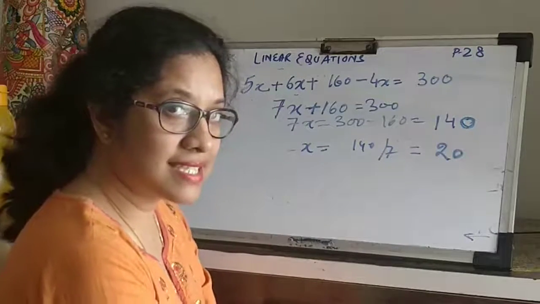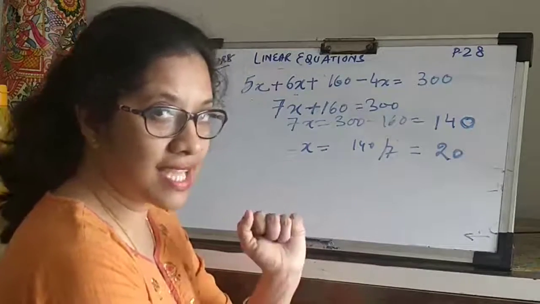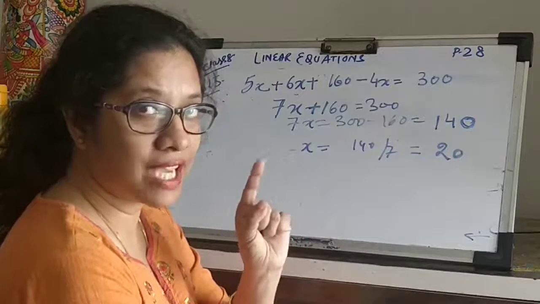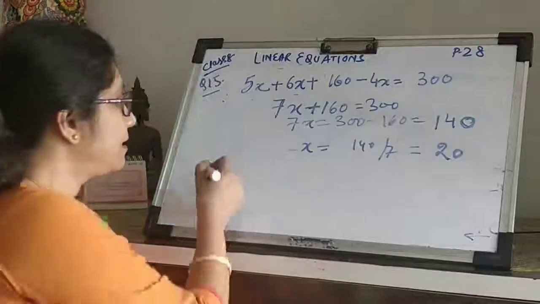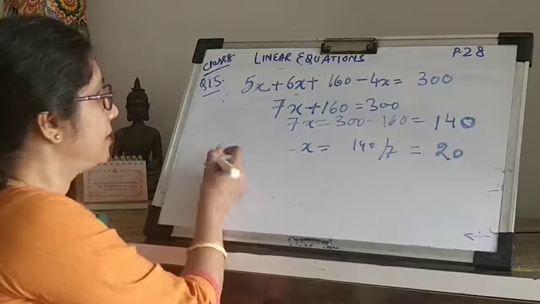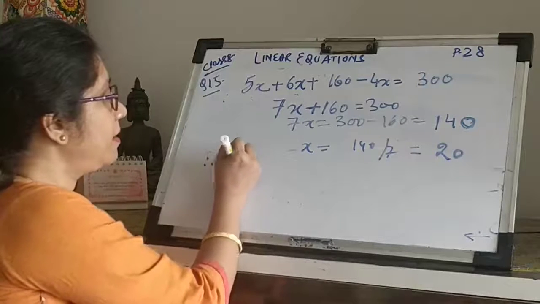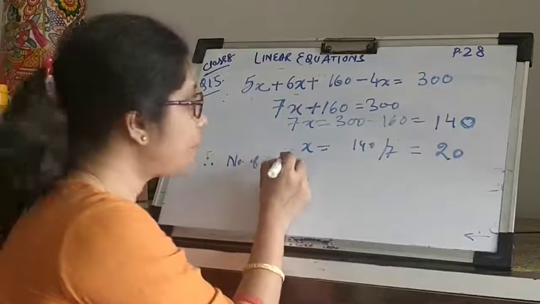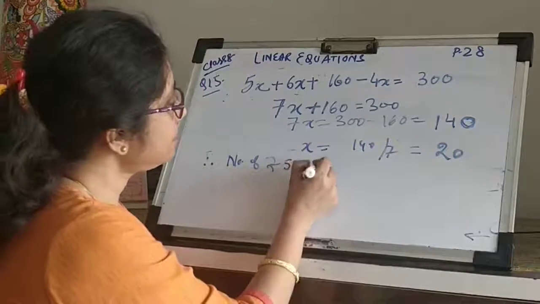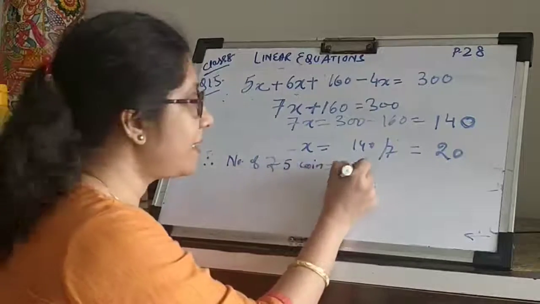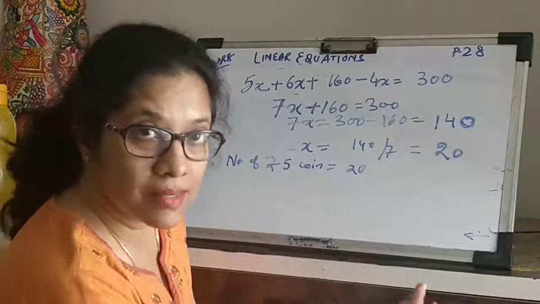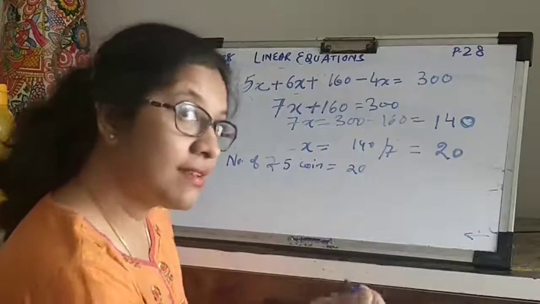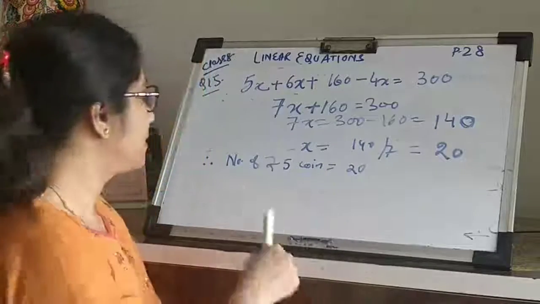What was x? Remember what was x? The total number of 5 rupee coins. Therefore, the number of 5 rupee coins is 20. Then what will be the number of 2 rupee coins? Remember, 3 times.